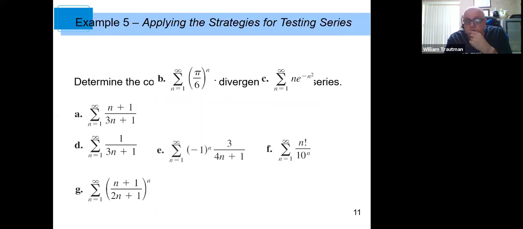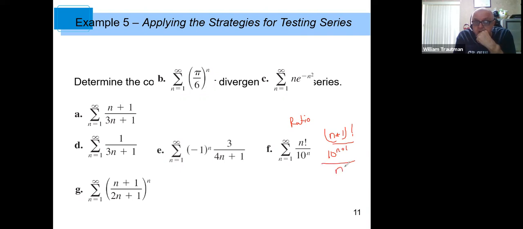F is one we just did, we used the ratio test. Right, the top would be n plus 1 factorial, the bottom would be 10 to the n plus 1. This divided by this.